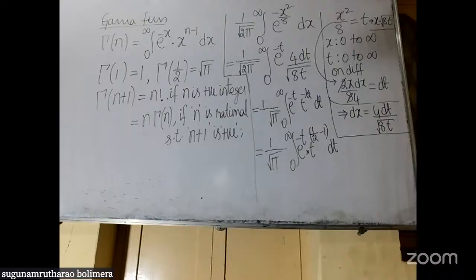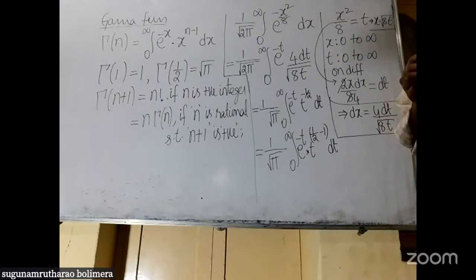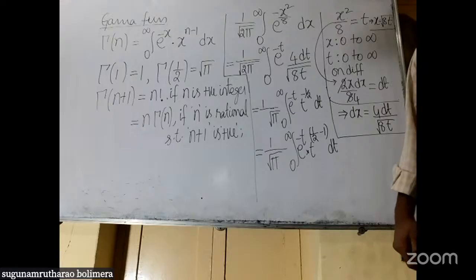Now if you compare this with the gamma definition, gamma of n equals integral 0 to infinity e power minus x, x power n minus 1 dx, you can say the answer now.